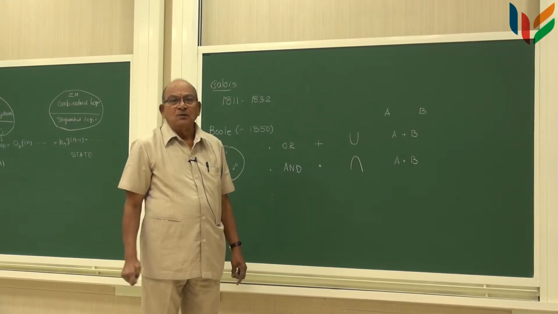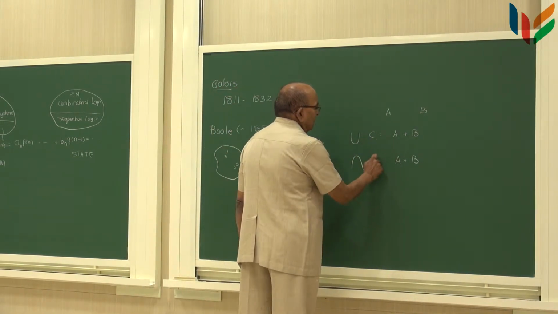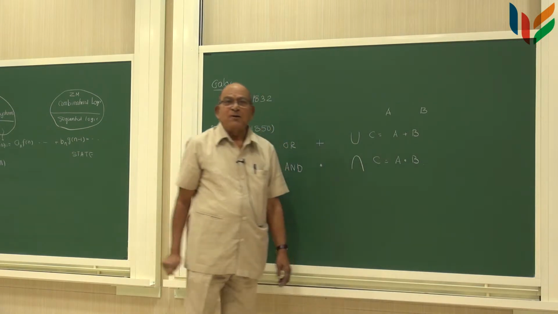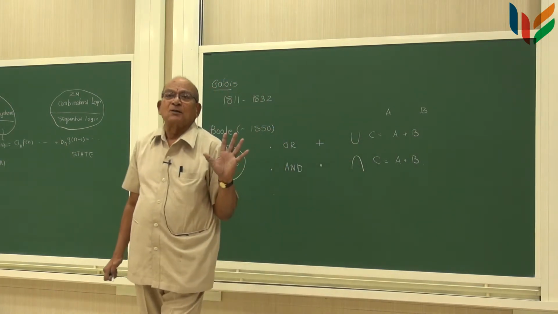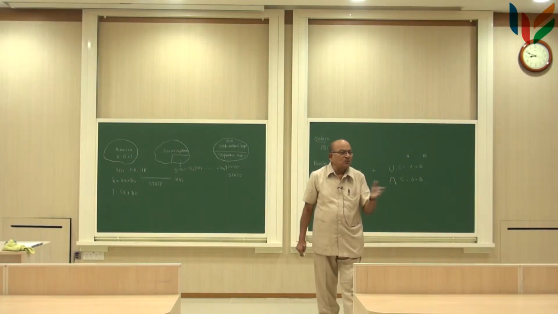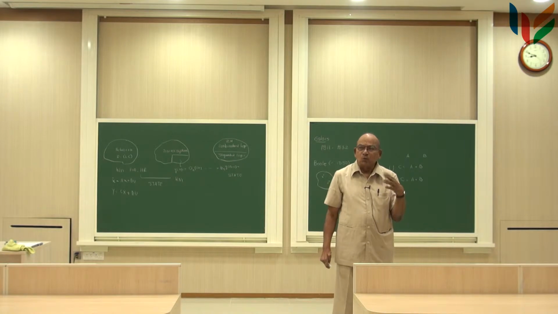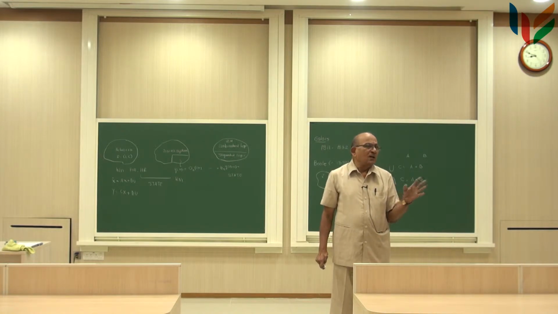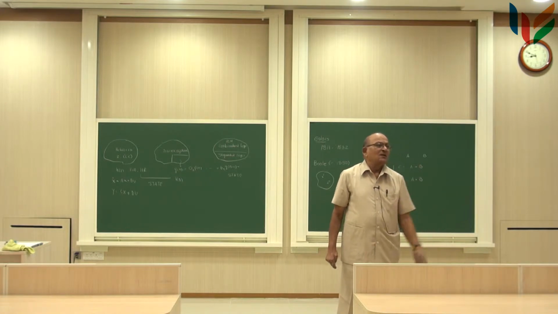And when you do the operation, you get another variable C, right? And the C also has to be in the same set. It can't be 2, it can't be 3, it can't be 4, it has to be either 0 or 1. This is called the closure property of the set. Any operation you take on any two members must also be a member of the set.